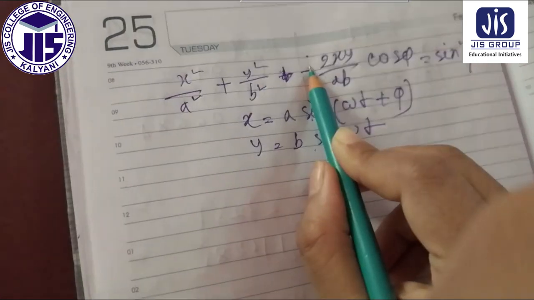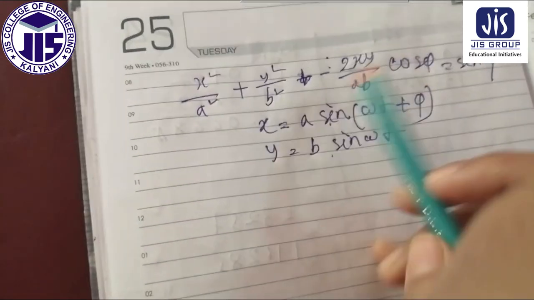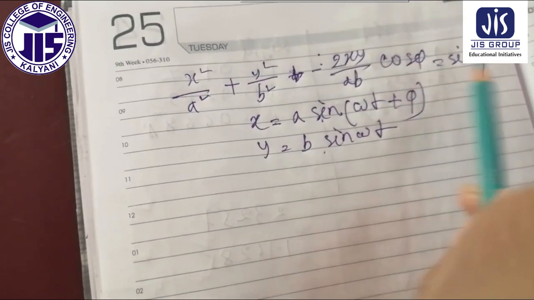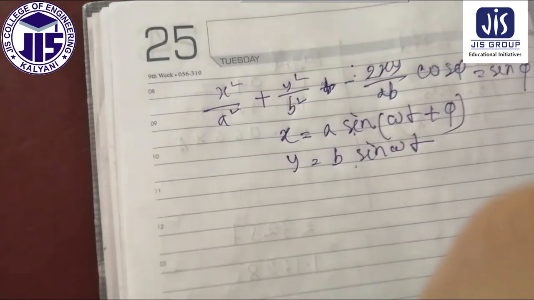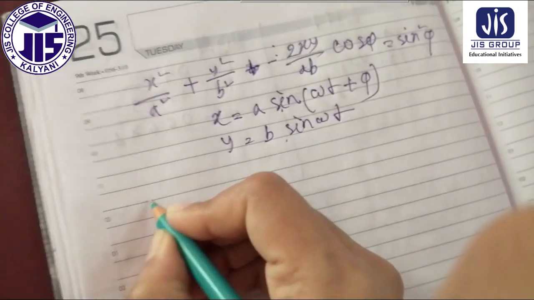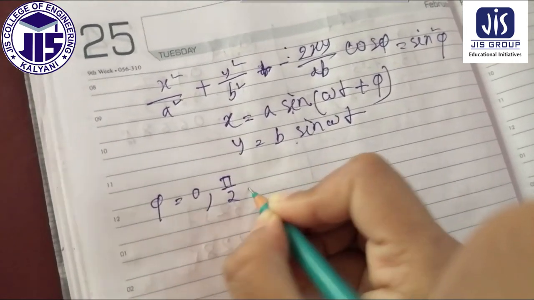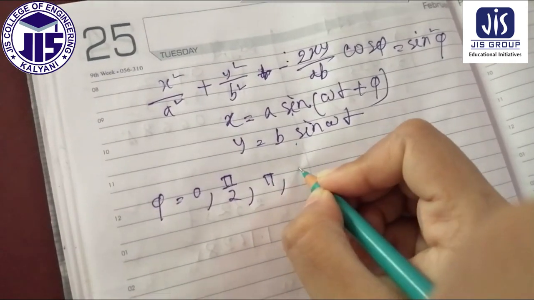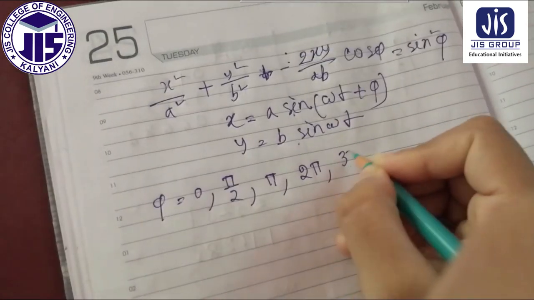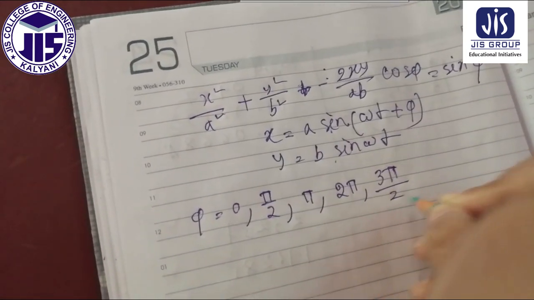Now today we are going to do a very interesting thing. See, phi is actually a variable, meaning phi is the phase difference. The phase difference can vary: phi can be 0, pi by 2, pi, 2 pi, 3 pi by 2, and so on.